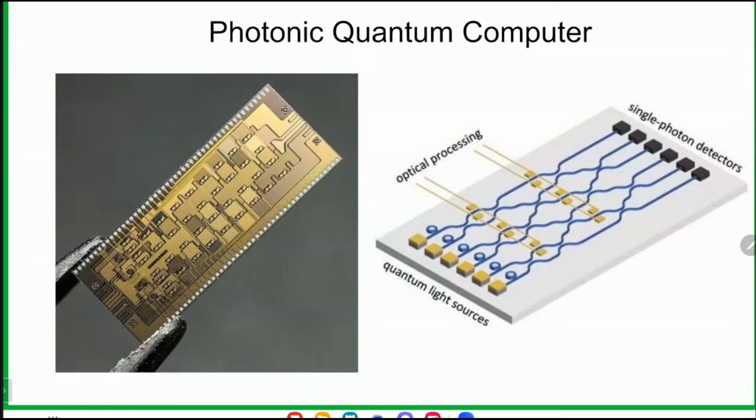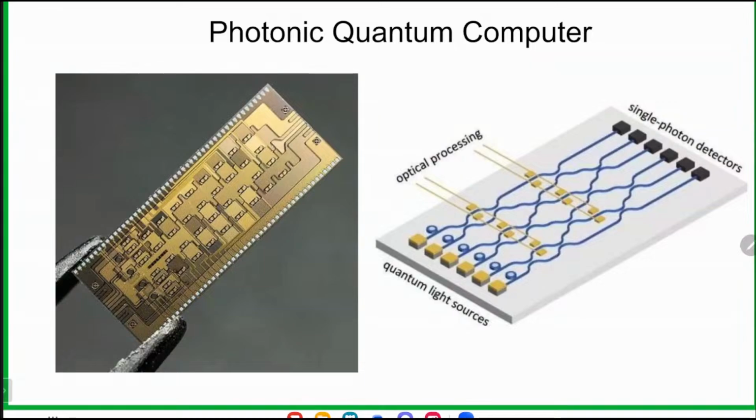But again, one of the difficulties here is that since they do not interact with the environment, they do not interact with each other so much. So it's more difficult to entangle two photonic qubits compared to entangling two superconducting qubits, for example. Here you can see some ring resonators on the chip.